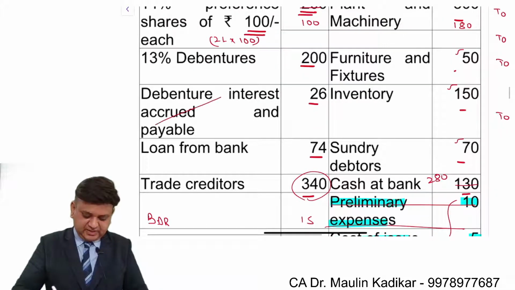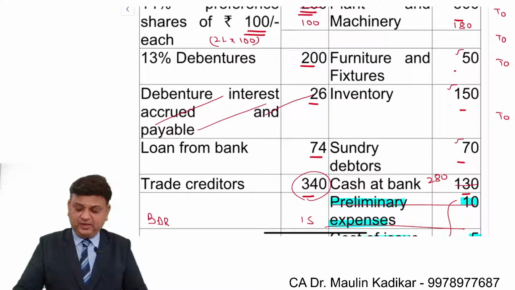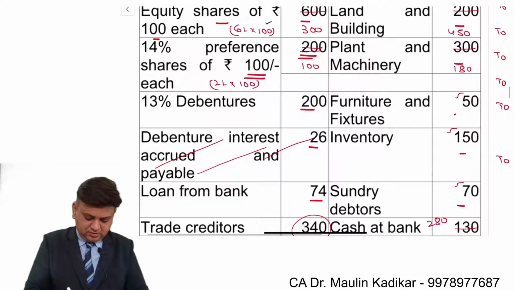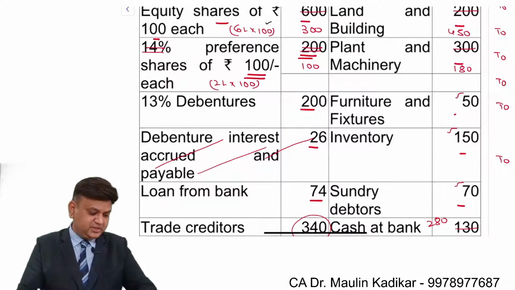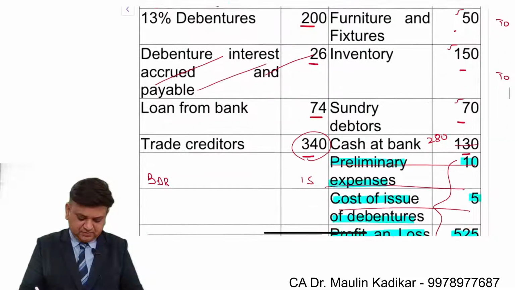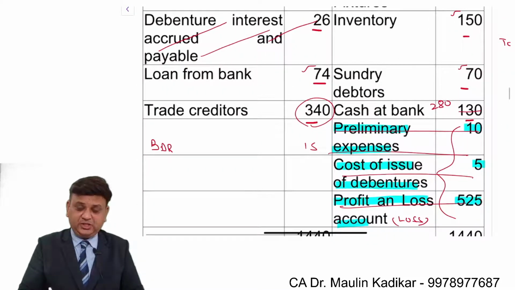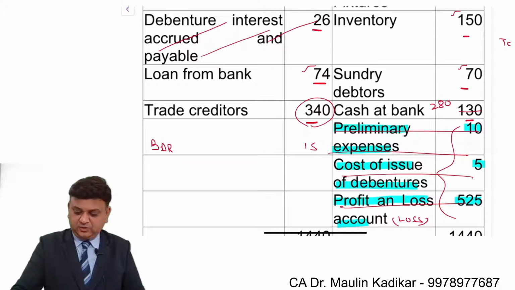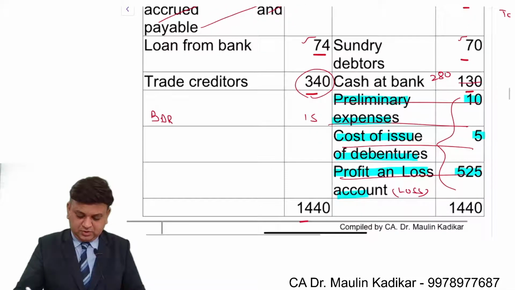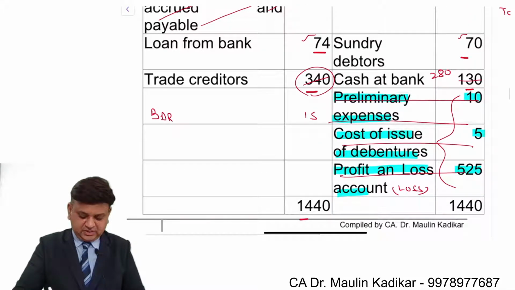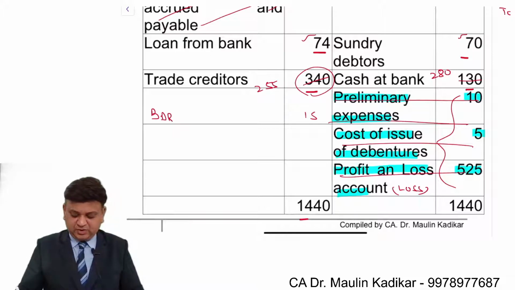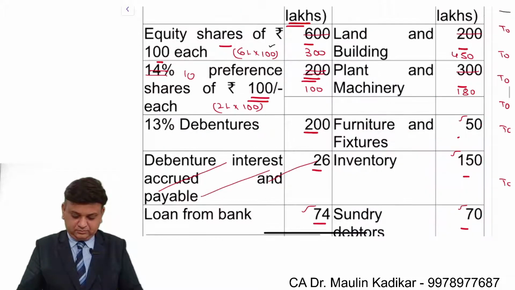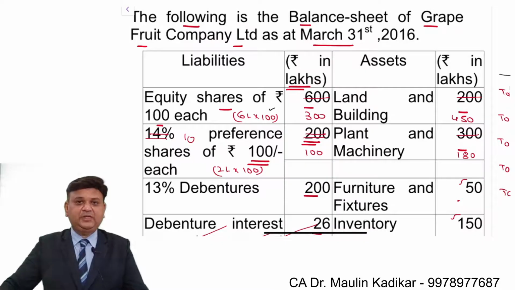The debenture interest will again not appear because we have written it off. They have agreed to forgo the debenture interest. The rate of preference dividend will be 10%. Loan from the bank, no change. 340 into 0.75, because 25% they agreed to forgo. This is 255. This is the way we have to prepare the balance sheet.